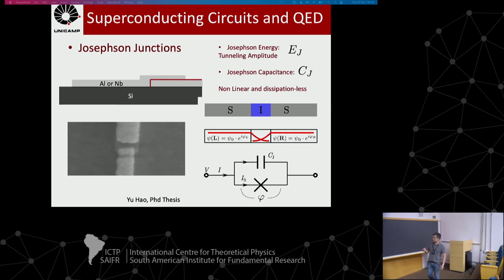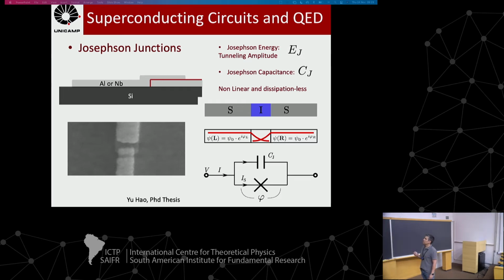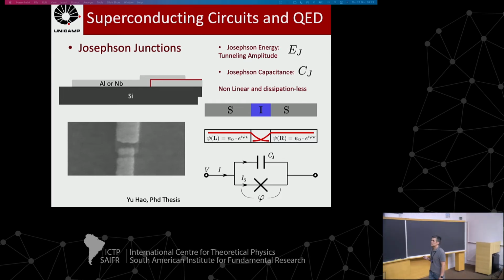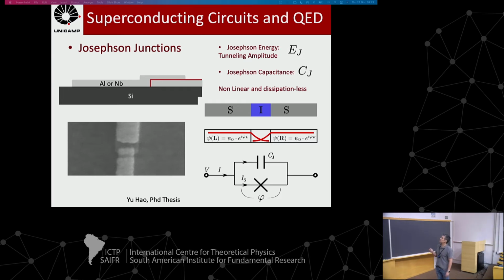Basically, the system is composed of two islands of superconductor material with a small barrier between the two parts. You can see here a superconductor, another superconductor here, and some kind of non-superconductor material in between.